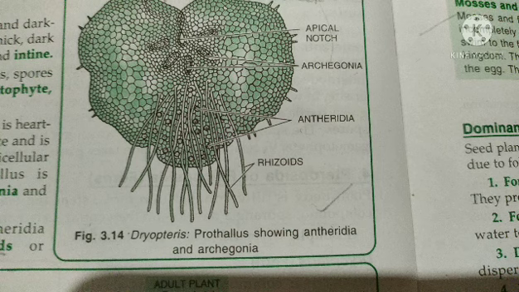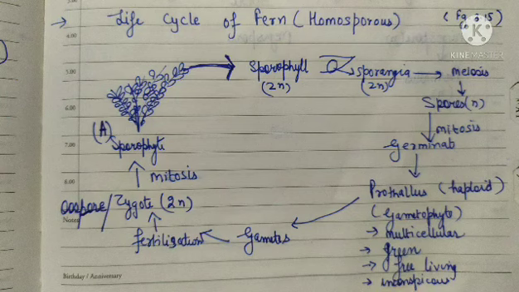This prothallus is free living since it can perform photosynthesis, and it is not dependent on the sporophyte. As in bryophyte, we have observed that the sporophyte was dependent on the main plant body of bryophyte, that is the gametophyte, but here the gametophyte is not dependent on the main plant body of pteridophyte, that is the sporophyte.